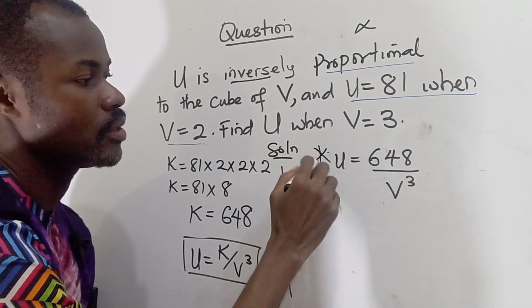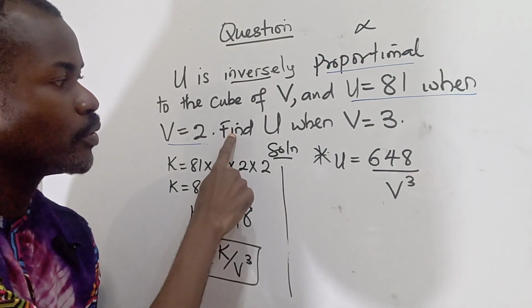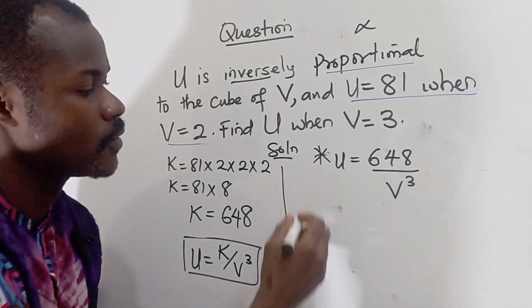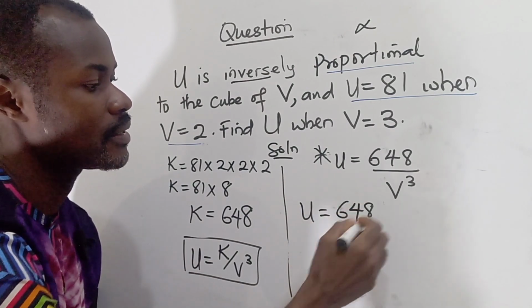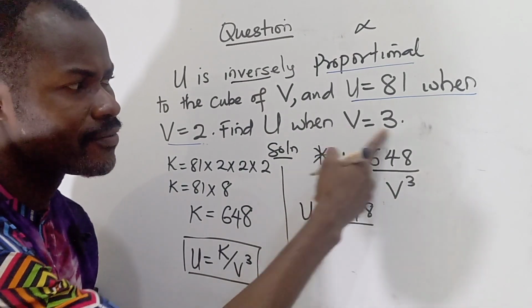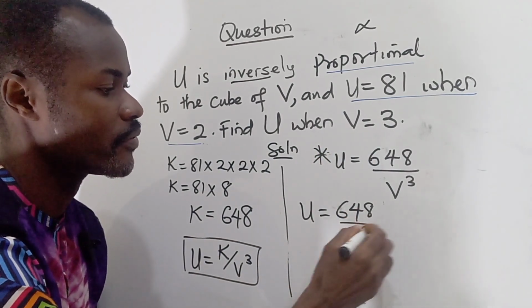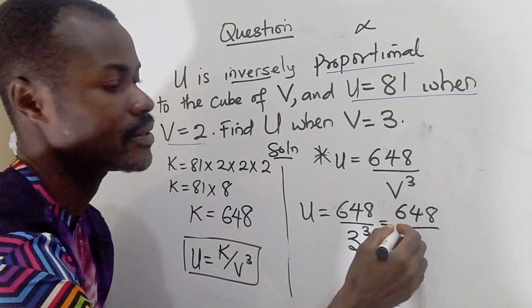With this relationship, we can now solve the problem and find u when v is equal to 3. So we are going to say u equals 648 divided by, now the value of v is given as 3, so we have 3 raised to the power of 3.